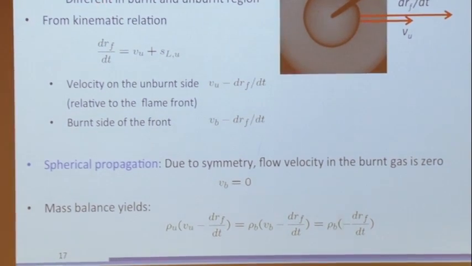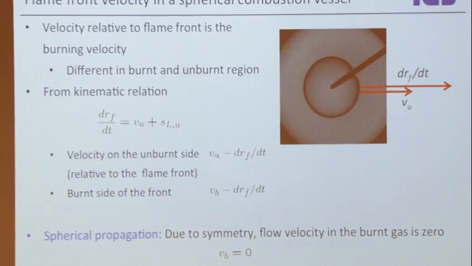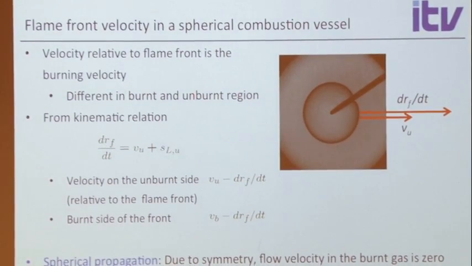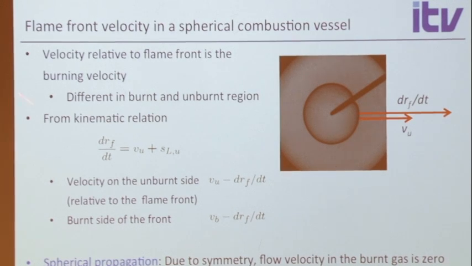So this velocity is different in the burned and the unburned region. And using this kinematic relation, we can write it both in the burned and the unburned region. You see then the velocity with respect to the unburned is the RDT minus VU, or the opposite of this, which is shown here also. And then on the burned side it is VB, the velocity in the burned, minus the RDT.